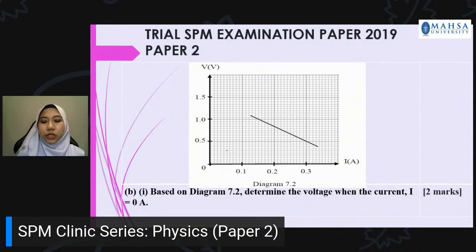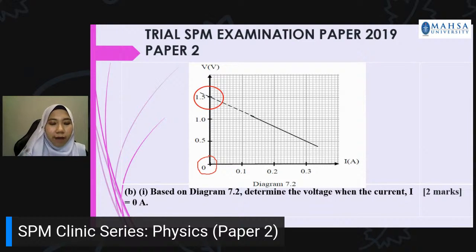First you need to extend the straight line here, so that you get the intersection on the y-axis, because you want to calculate the value of your voltage at I is equal to 0. So you get the y-intercept, when the value of your x is equal to 0.